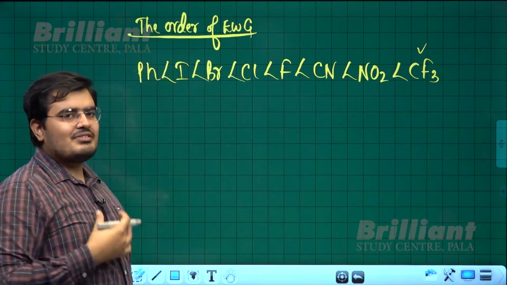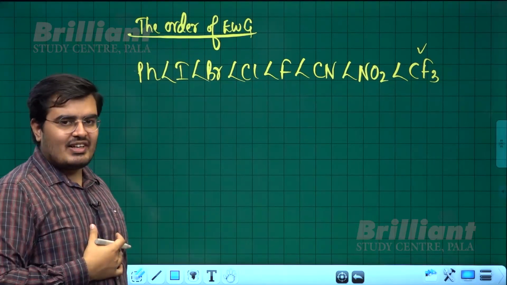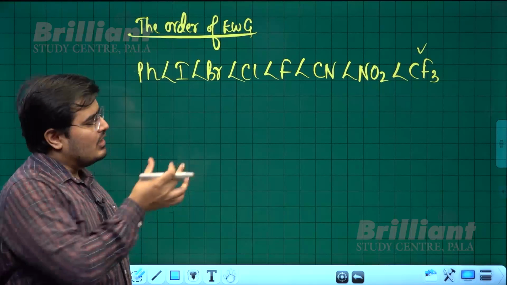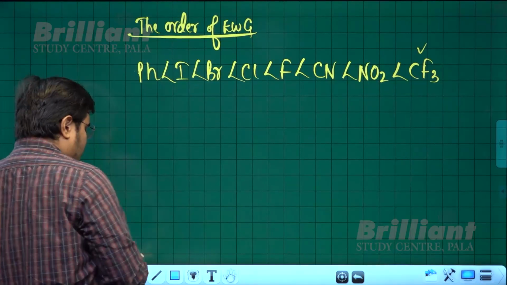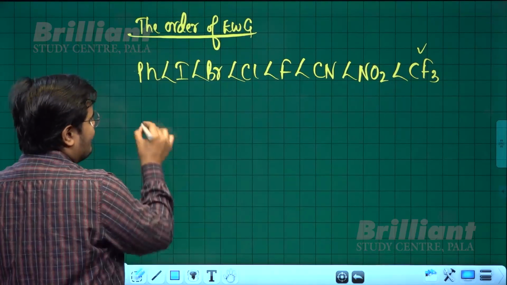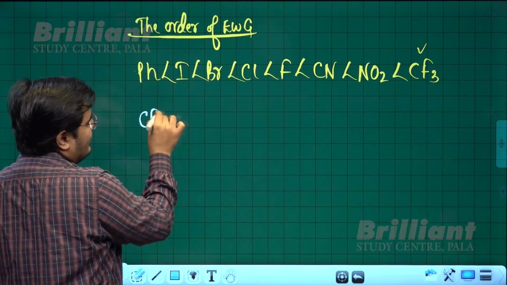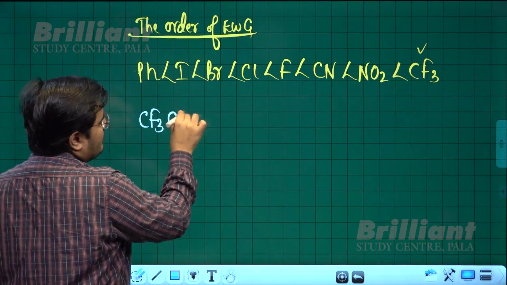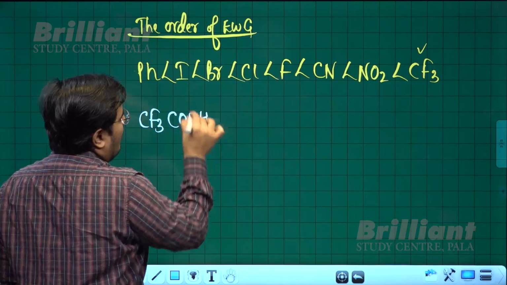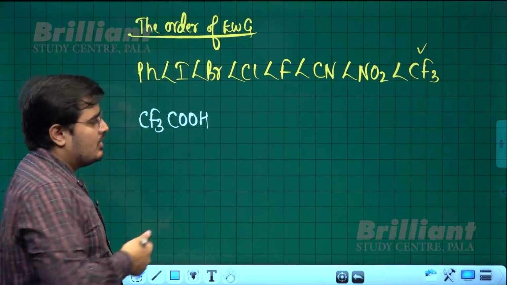So on the basis of this, I am going to write a general order of acidity which is given in your NCERT, which you should see here. The first one, which we have already discussed, is trifluoroacetic acid, which is one of the strongest organic acids known.